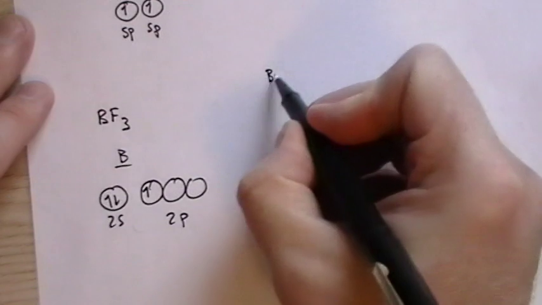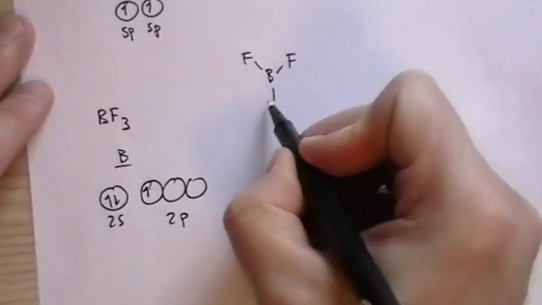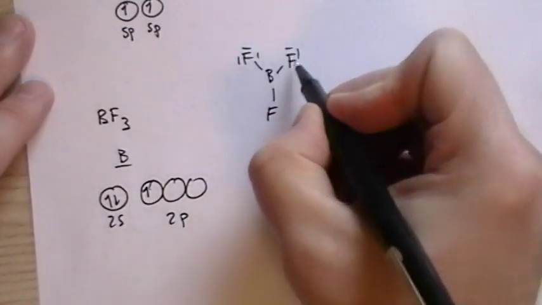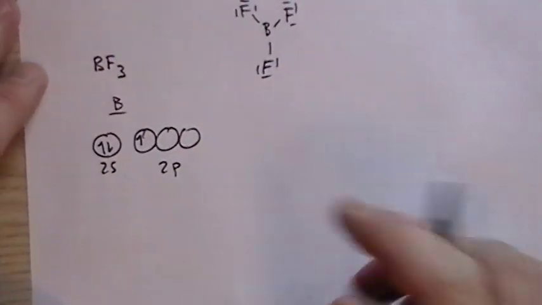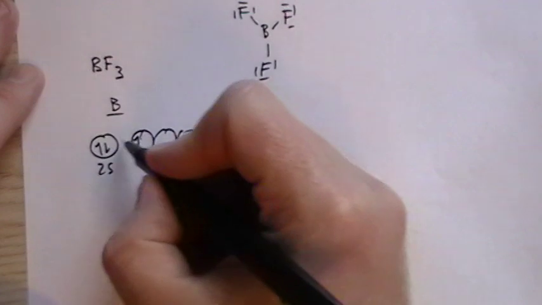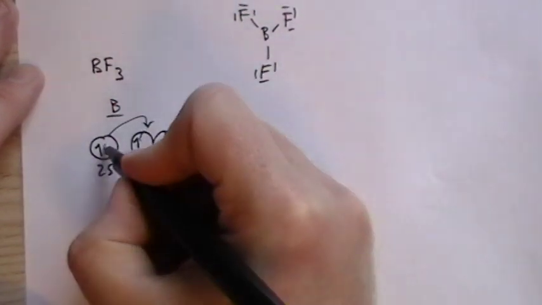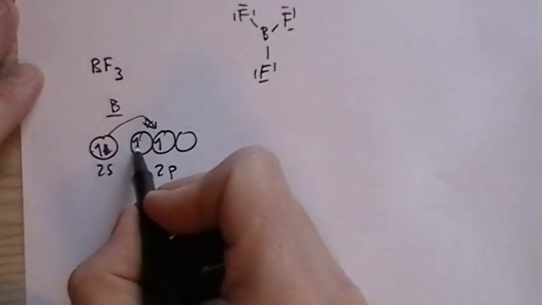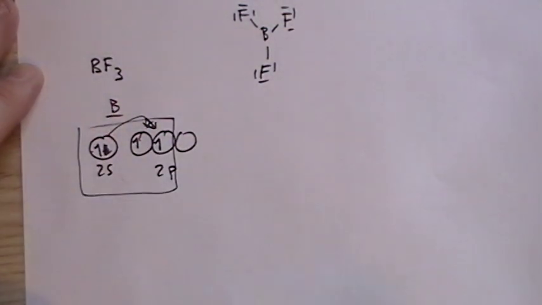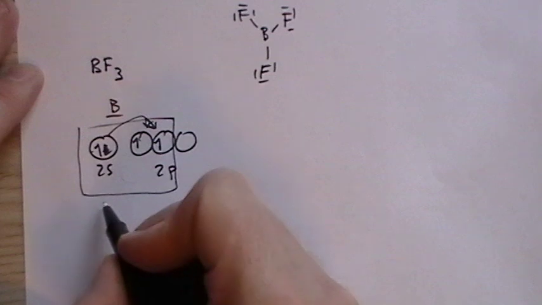We might as well write out the Lewis structure, so you can see that the stuff we learned in the last chapter keeps coming up over and over. Then this electron is elevated into this empty orbital over here. So now we have three half-filled orbitals, so we have enough orbitals for bonding, and they're going to hybridize.